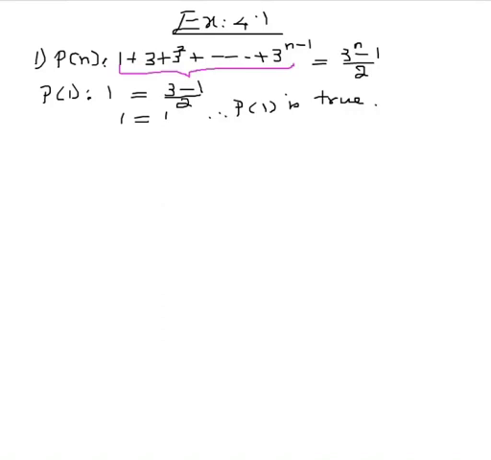So if P(1) is true, we proceed to do the induction step. If this is not true, we can say that the statement cannot be proved. Okay, the next step is let P(k) be true.